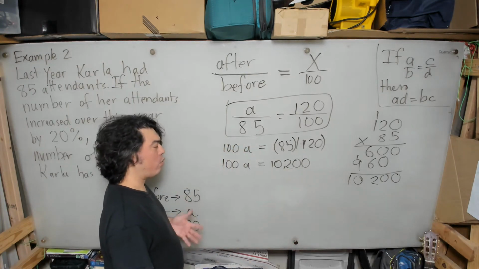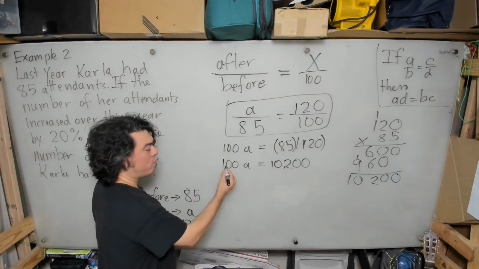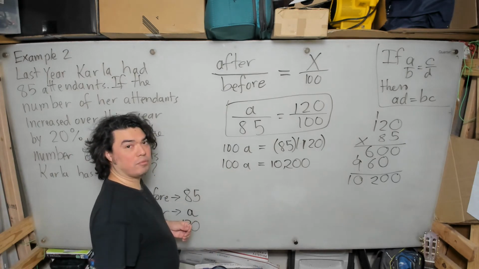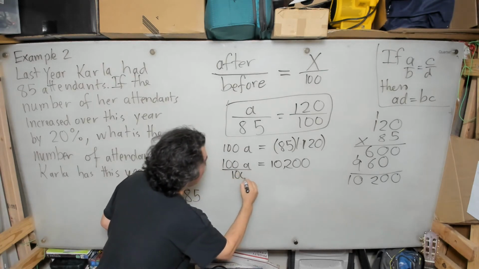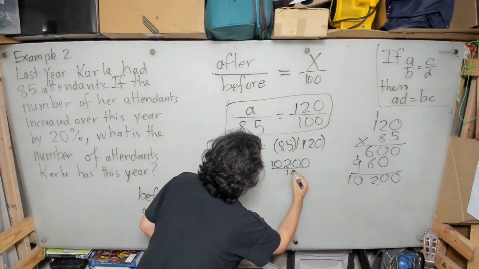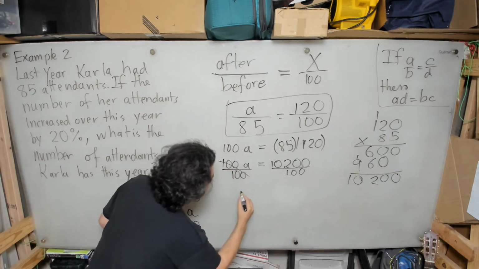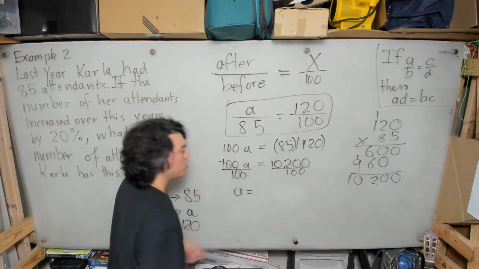So now I want to get the a by itself. I have 100 times a here. So what's the opposite of multiplying by 100? I divide by 100. So I'm going to divide this by 100, and I'm going to divide this by 100. And I'm going to get that a is equal to whatever this is.